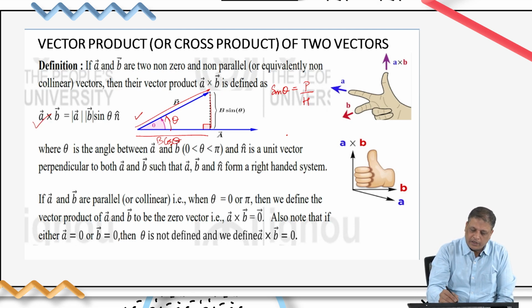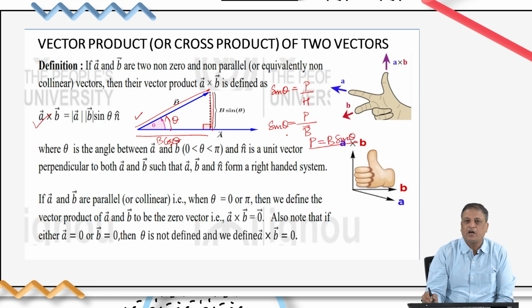But the vertical component is given by B sin theta, because the perpendicular represents the vertical component. In this triangle, the hypotenuse is represented by B, so the perpendicular component will be equal to B sin theta.